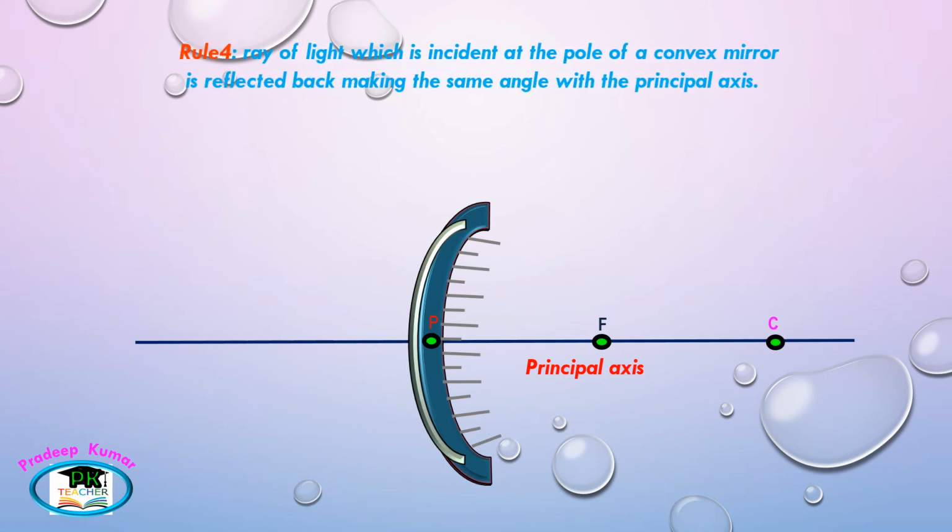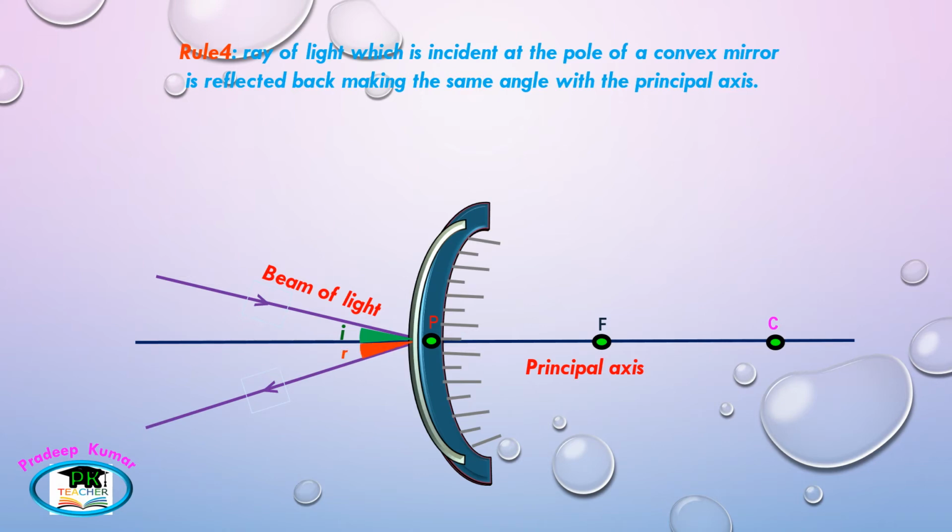Rule number 4. A ray of light which is incident at the pole of a convex mirror. Beam of light incident at the pole, and angle of incident is reflected back, making the same angle with the principal axis.